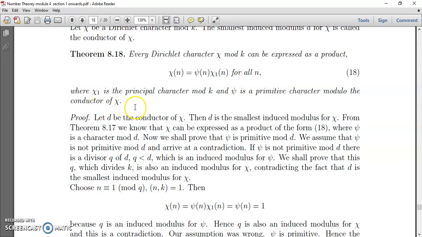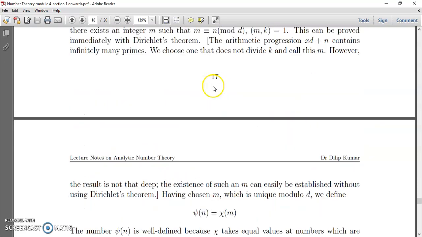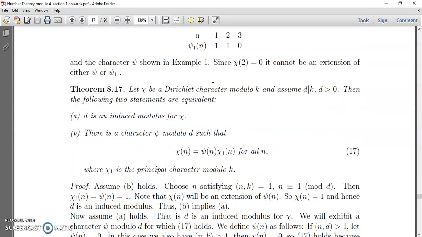In the previous theorem we proved that if D is an induced modulo, then there is a character psi modulo D such that chi of n is equal to psi of n times chi 1 of n for all n, where chi 1 is a principal character modulo k. Here we have only proved that psi is a character modulo D, but we have not proved that it is a primitive character. So we have to prove that part.